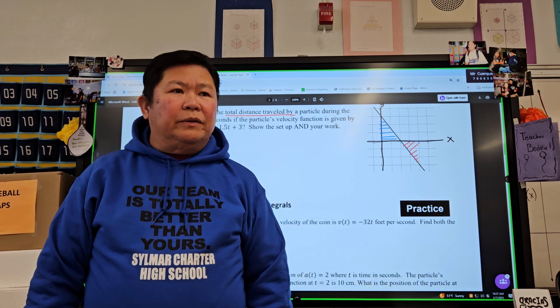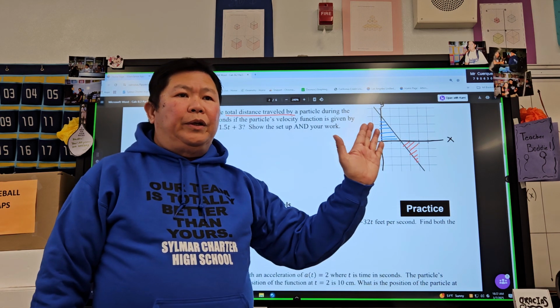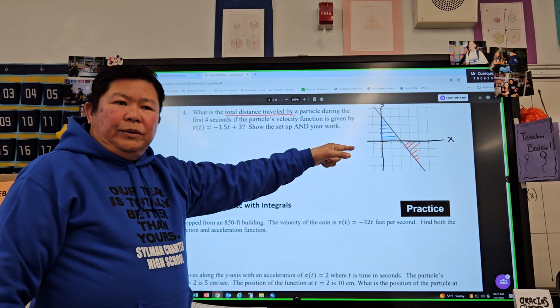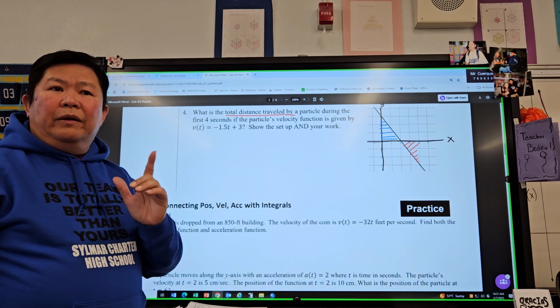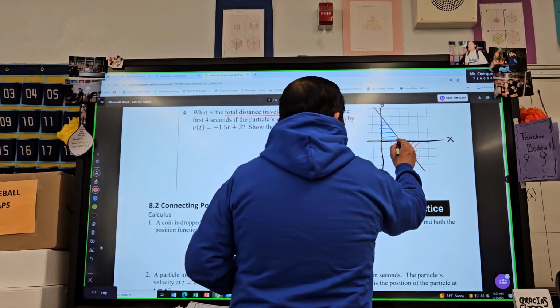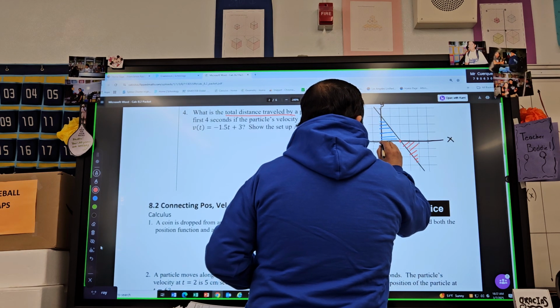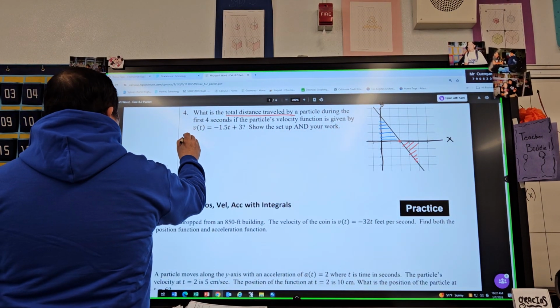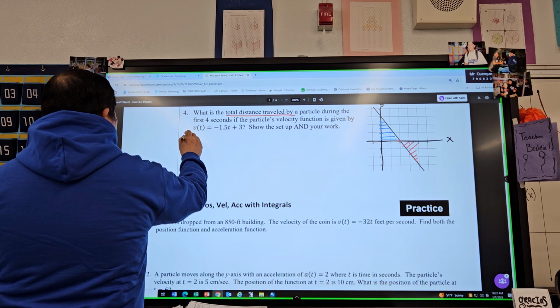So what to do now? Absolute value. First, we do from 0 up to 2, right? From 0 to 2, we have to do a partition right here. Which means we have the integral from 0 to 2.